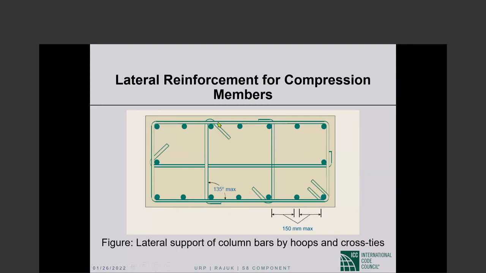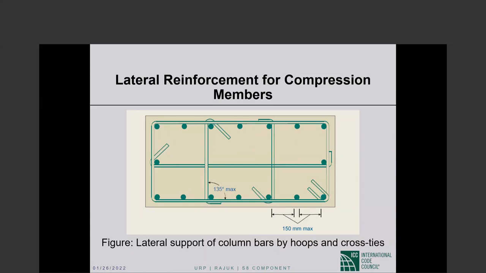So this would require cross ties here and cross ties there. Okay, a cross tie is a bar with a 135-degree hook at one end and a 90-degree hook at the other end, or better in size.